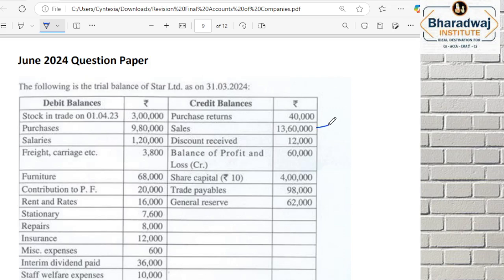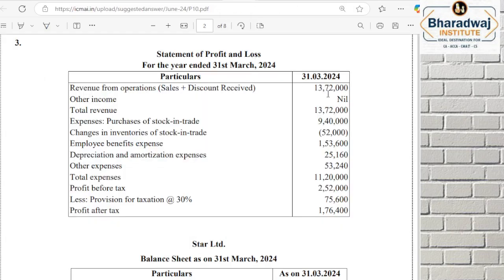Okay, sales 13 lakh 60 plus discount received 12,000, 13 lakh 72,000. No other income, so 13 lakh 72,000. Actually, discount received can be taken as other income. Purchases, increase in stock, check all these things. Check your P&L account.